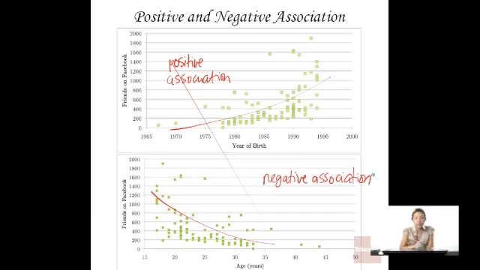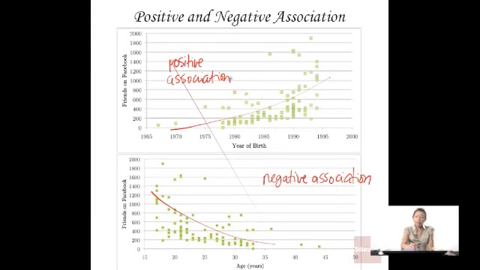And it's important to note that these are just associations. It's not that the year of birth is causing them to have more friends. Maybe it's some other variable that matters, like what age you were introduced to Facebook, or how comfortable you are in using the computer.